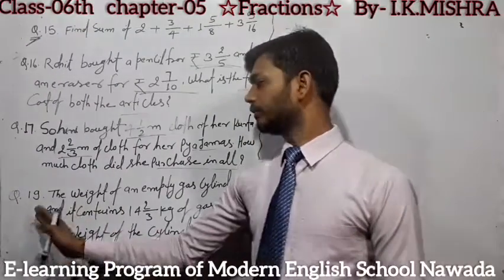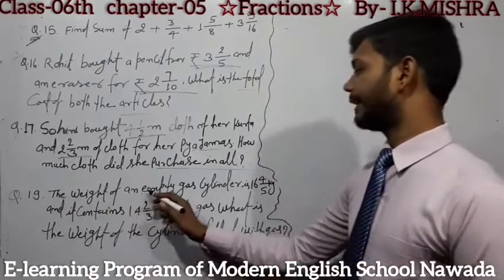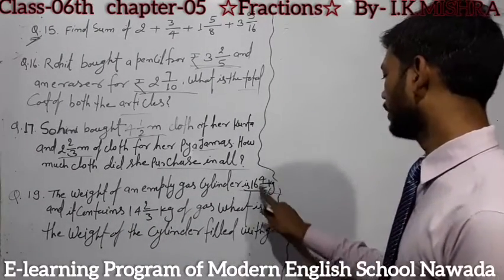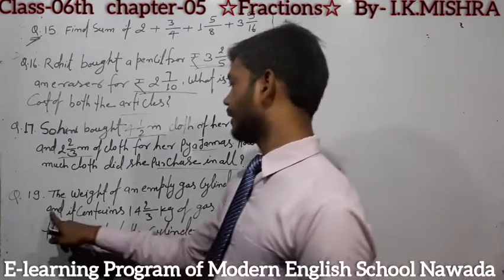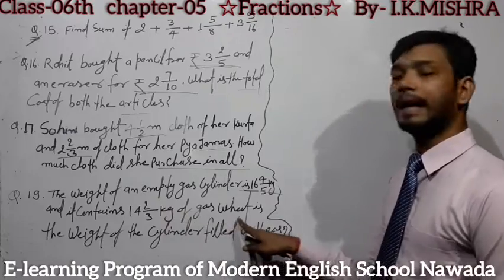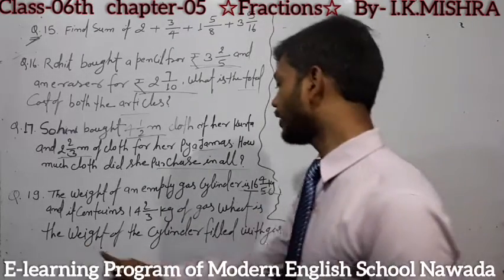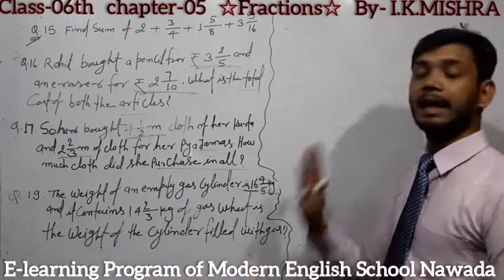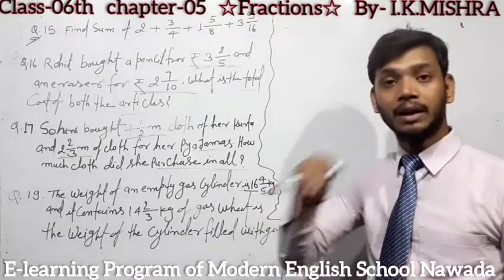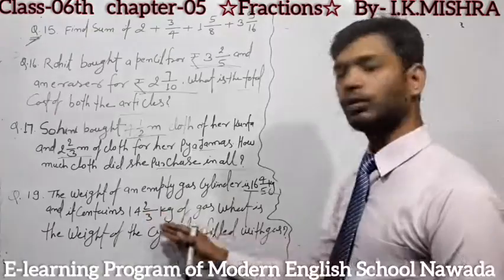Number 19. The weight of an empty gas cylinder is 16 whole 4 by 5 kg and it contains 14 whole 2 by 3 kg of gas. What is the weight of cylinder filled with gas? That means you have to find the weight of cylinder filled with gas. So here, students, clear?